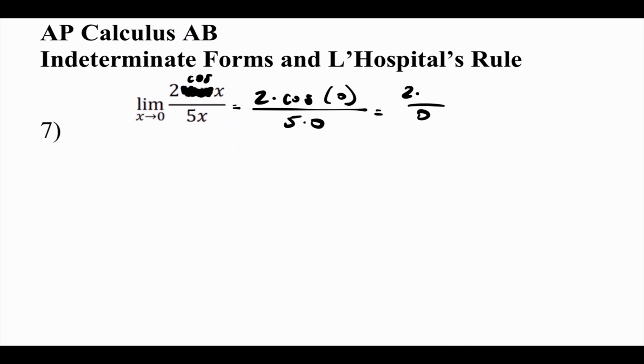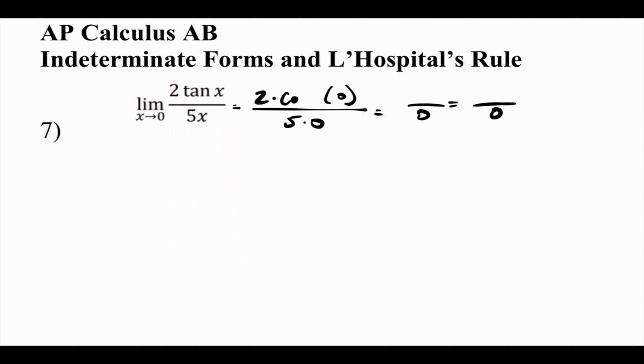So 2 times 1 is 2. Could I use L'Hopital's rule now? No. What would be my answer then? Not undefined, close. Does not exist. Yeah, it would be does not exist. So we haven't seen one like that, but it could happen.